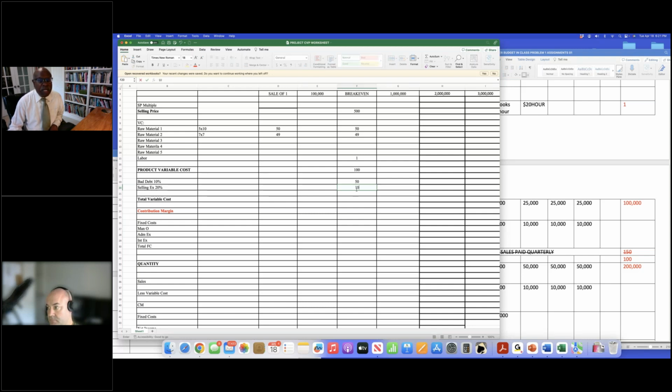So the total variable cost when we add all of these up is what? 100 plus 50, is that 250? It's 250, Professor Boy.